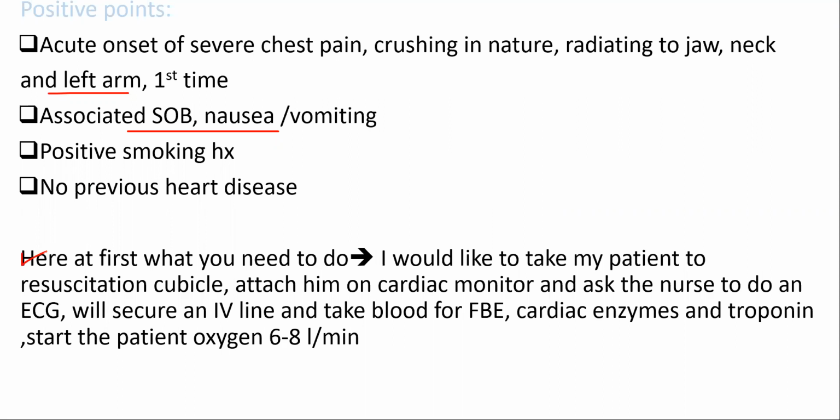Obviously, you remember that any patient who you suspect to have chest pain, especially middle-aged or elderly, we will always follow the same protocol. We take the patient to the resuscitation cubicle, attach to the cardiac monitor, do the ECG, take the blood, and then do the MONA. The MONA is the immediate management for a heart attack patient.